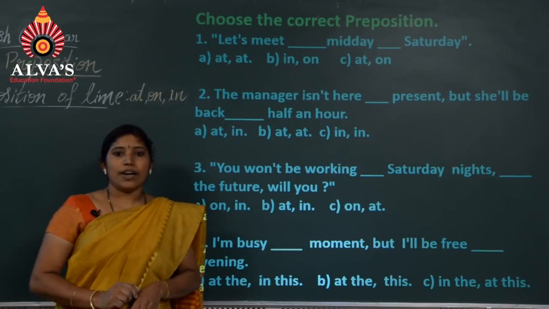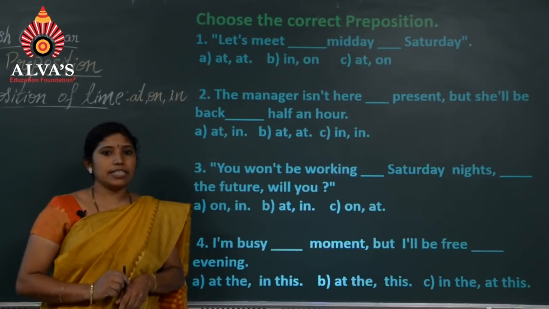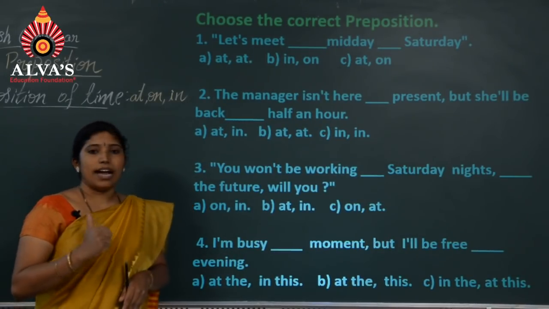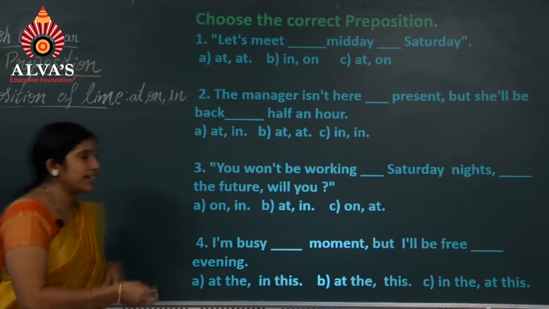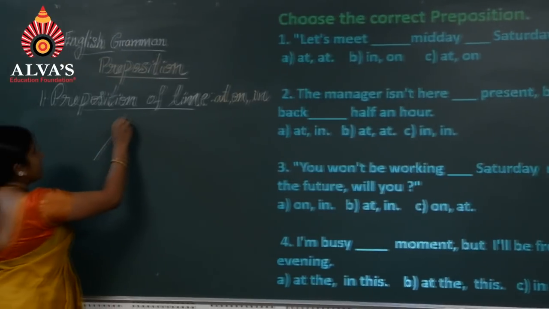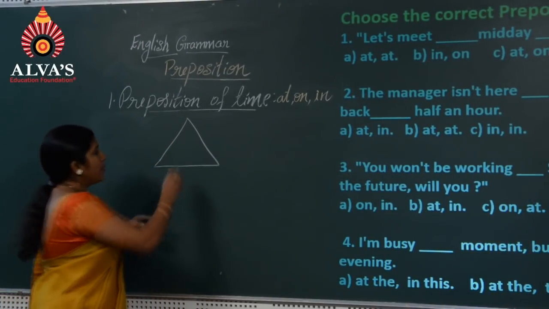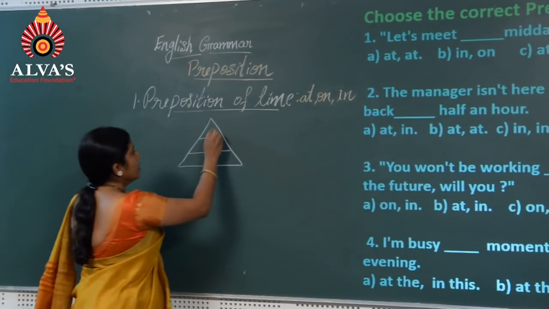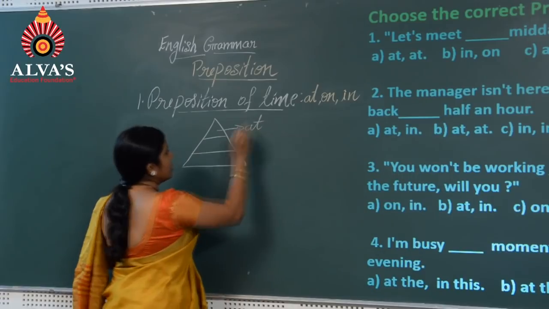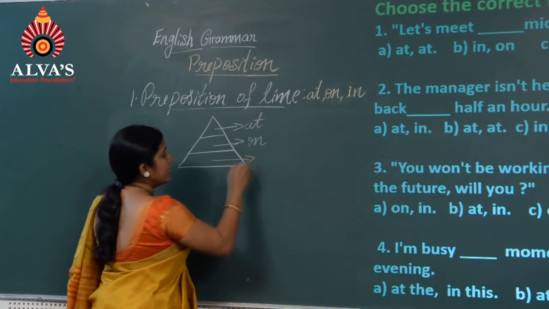Students, I hope you have understood prepositions of time, that is how to use at, on and in. In a simple way, I'll draw a triangle here and divide it into three. Here I write at, here I write on, and here I write in.